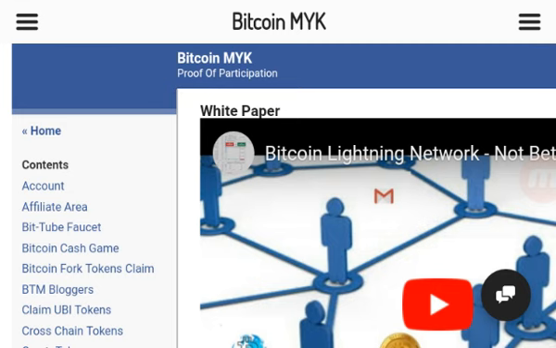Then the security of your Bitcoin itself was never affected, right? So the game theory to that would be you would only need to buy Bitcoin or mine more Bitcoin to get more Bitcoin MYK tokens. There would be no need, security wise, to go into our exchanges and buy Bitcoin MYK tokens over third party exchanges, if that makes sense.